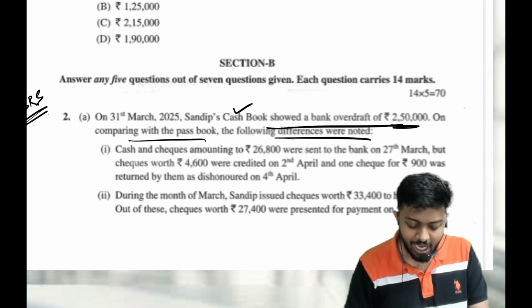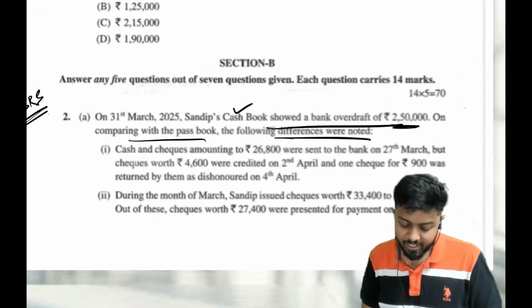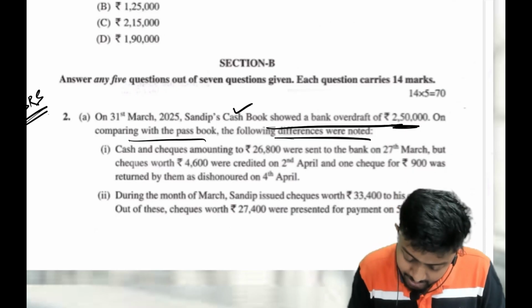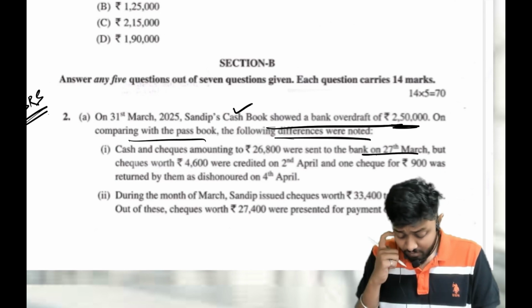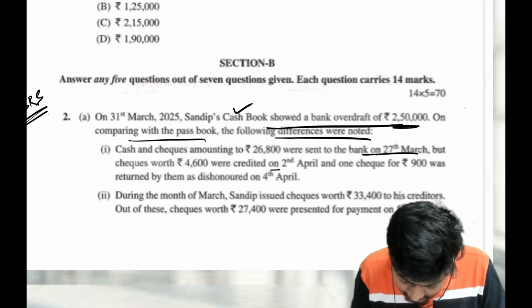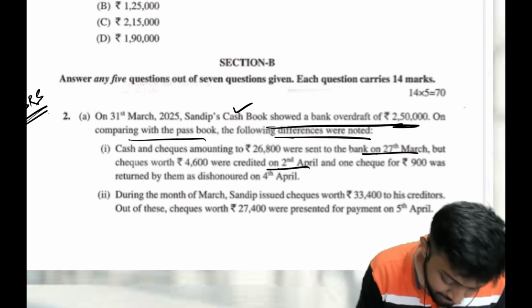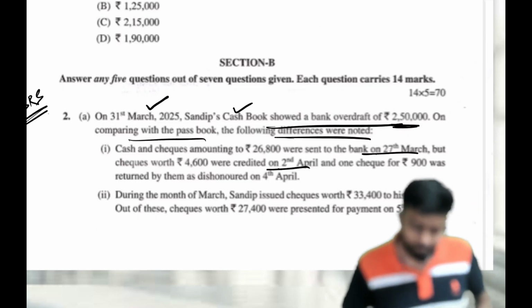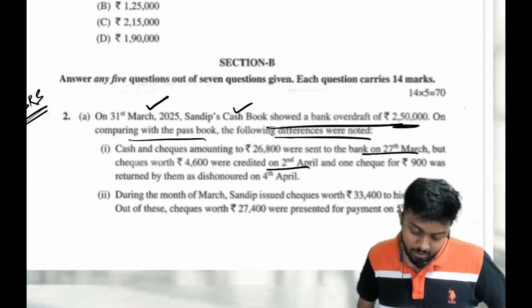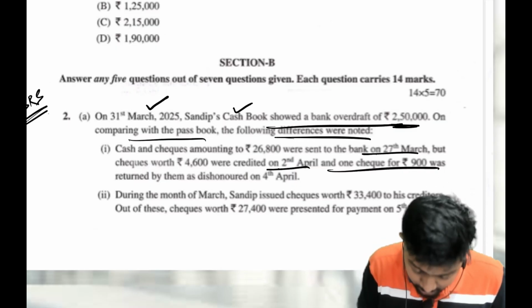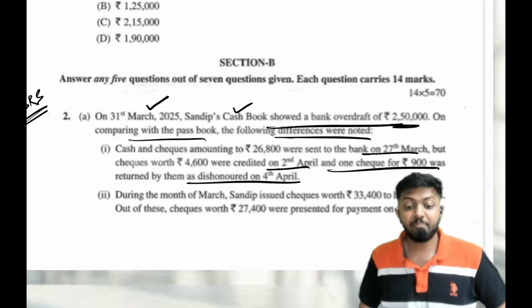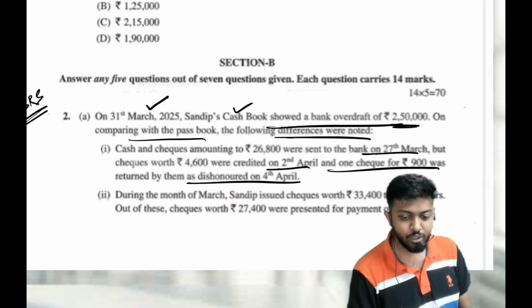First two: cash and cheques amounting to 26,800 were sent to bank on 27th March, but cheques worth 4,600 were credited on 2nd April. So we are preparing BRS for 31st March 2025. And one cheque for 900 was returned by them as dishonored on 4th April. So understood? Two things are there here.